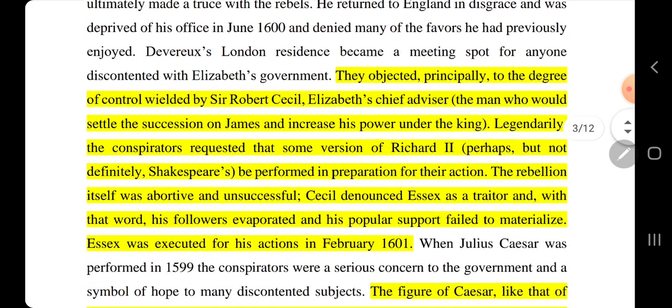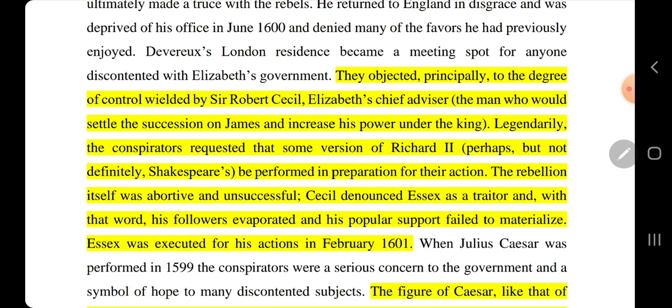And legendarily, the conspirators requested that some version of Richard II, perhaps not definitely Shakespeare's, be performed in preparation for their action. So the rebellion itself was unsuccessful.